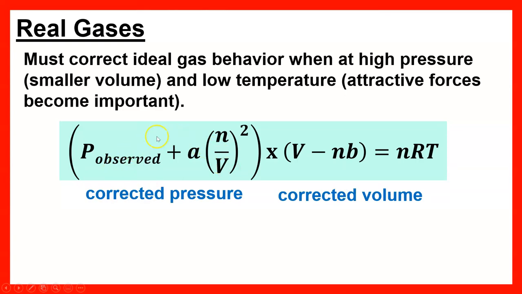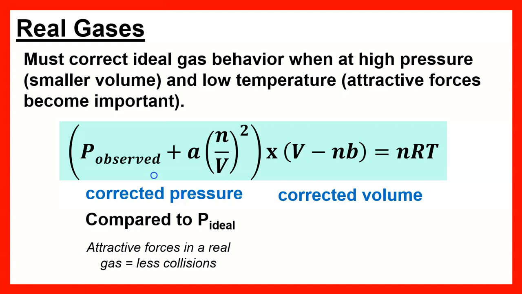If you notice, we're going to have a fixed pressure where we take into account any of the attractive or repulsive forces. If they're attracted to each other, like maybe they're polar, they're going to be drawn towards each other, right?